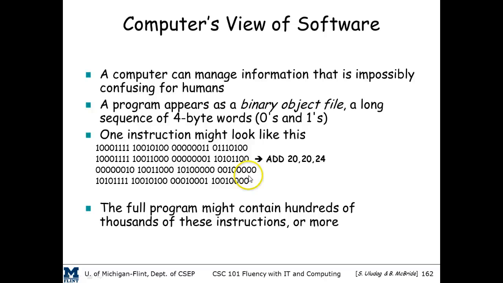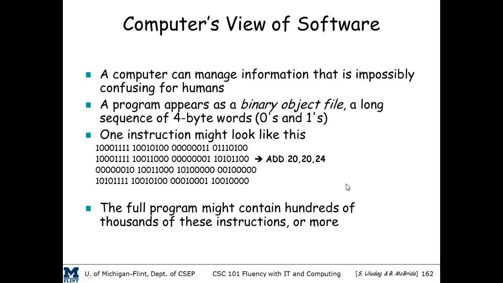So let's take a look at how we view software. There's actually multiple stages. First, we talk about the computer at its level. It's a very confusing view of software because, as we talked about earlier, programs are simply zeros and ones in the form of an object file.